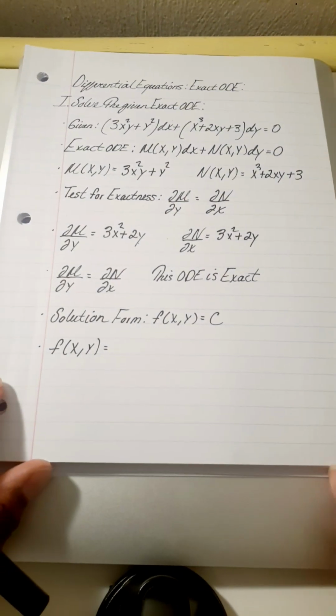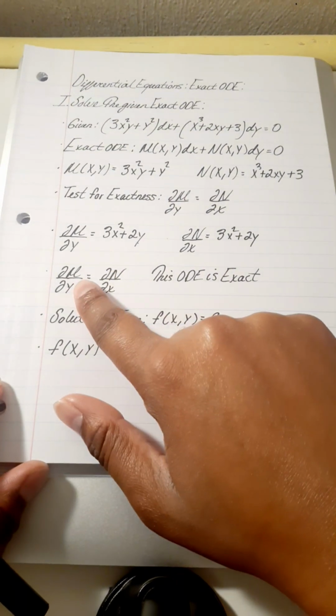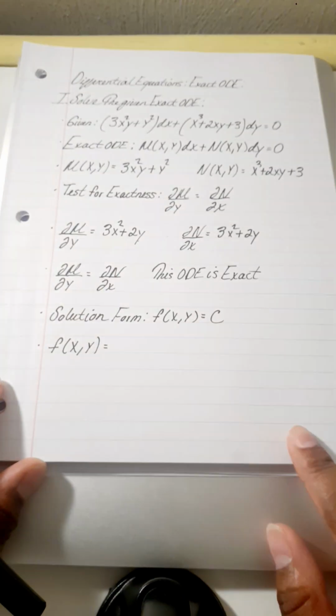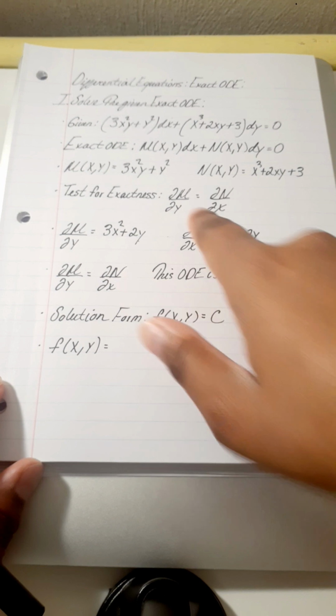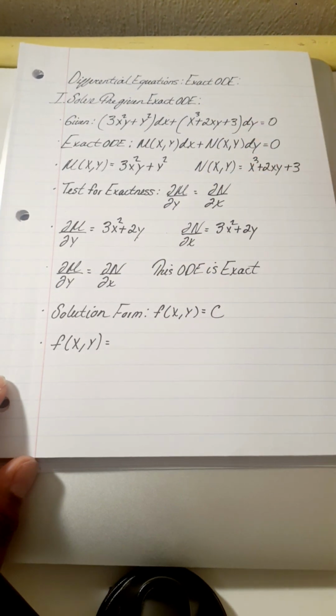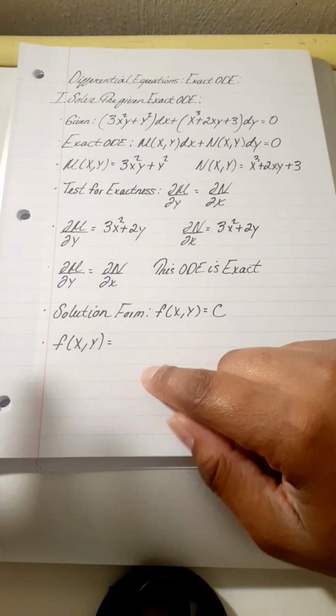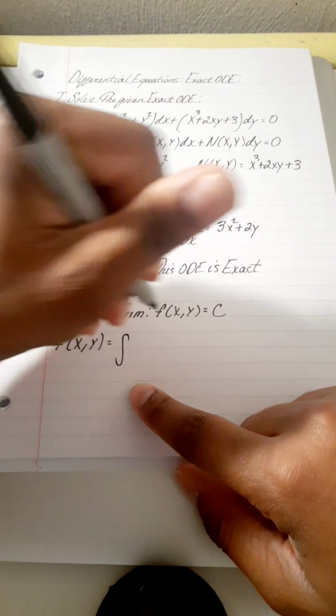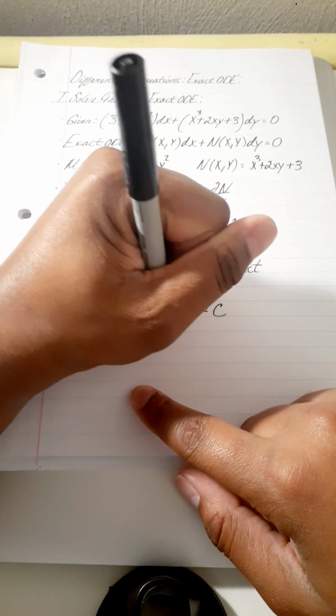The first way is to integrate M of x comma y with respect to x, or you could integrate N of x comma y with respect to y. It doesn't matter which one you choose, although in some cases, depending on the problem, one may be easier than the other. In my case, I'm just going to integrate M of x comma y with respect to x.